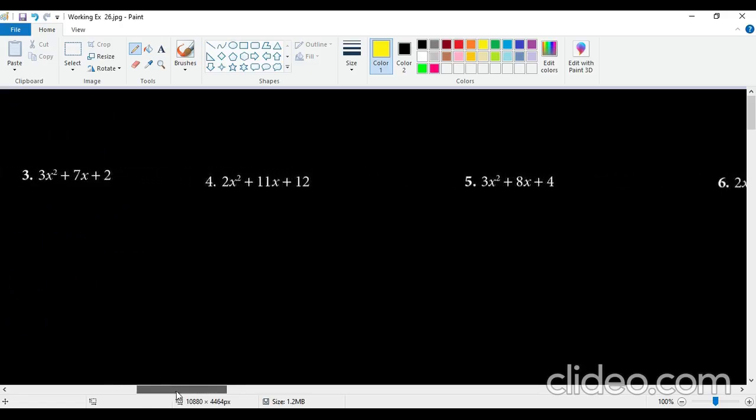Now moving on to the next question. This is also giving us plus 2 and 3x square. When multiplied together, it gives us 6x square. So 6x square is going to be factorized in such a way that you will have 6 and 1.